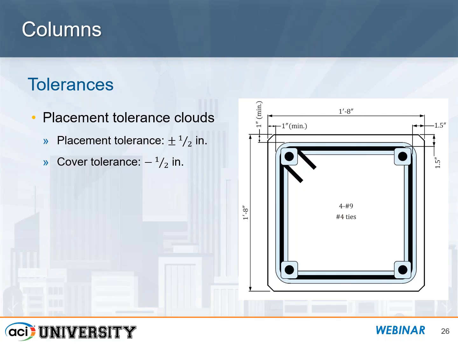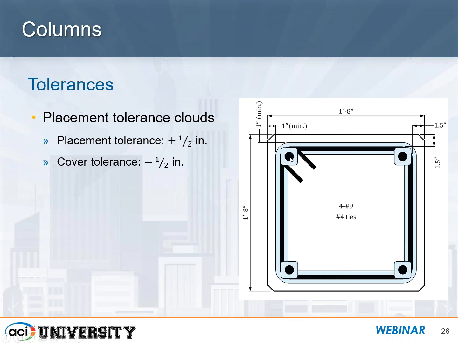So this comes into play especially at joints where you have beam longitudinal bars coming through, knowing that anywhere within these blue clouds is where the reinforcement can be. So you see here, we indicate this is the 1.5 inch typical cover that's been specified for this column to the transverse reinforcement, but it can go down to as much as 1 inch based on the cover tolerance provided in ACI 117.